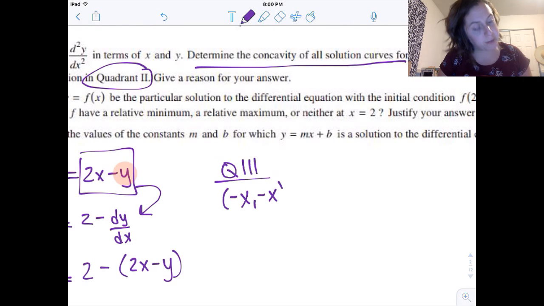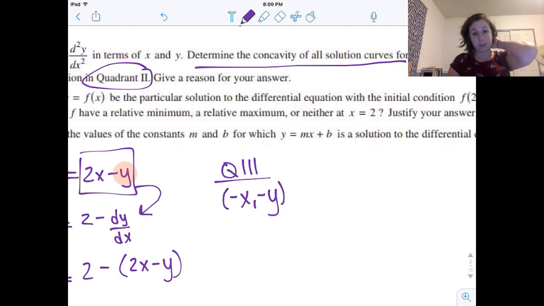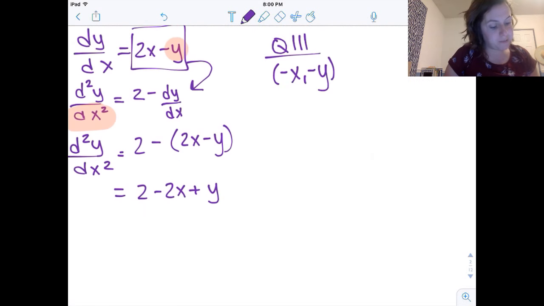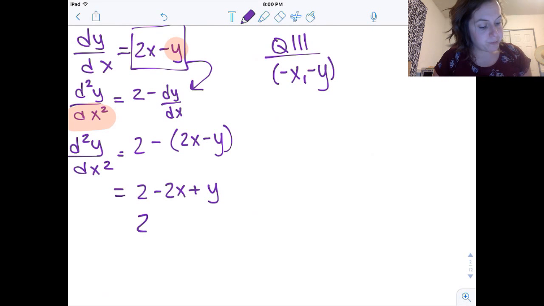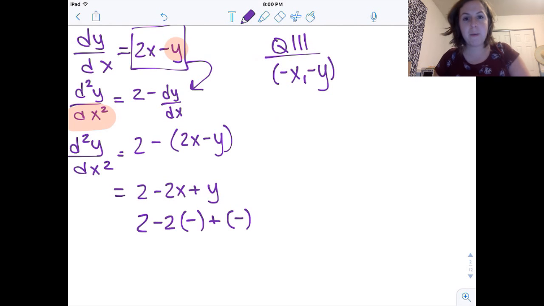That is a y, right? So both of those are negative in quadrant 3. So think about this. If you are doing 2, negative 2 times a negative plus a negative, right? Think about what that would give you. Okay, just take a second. Think about what that would give you.